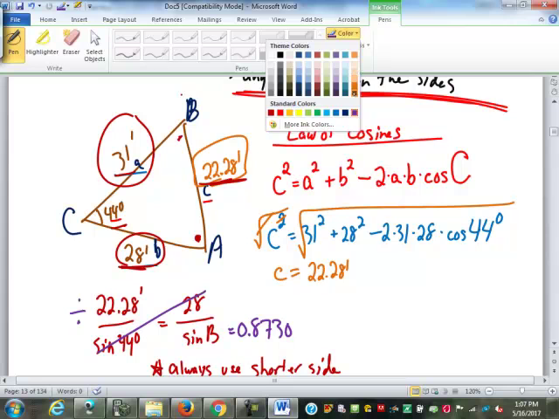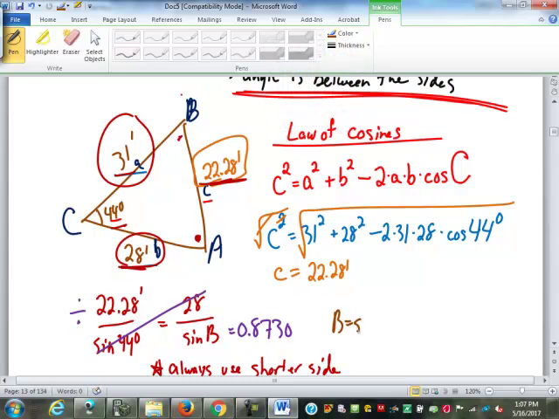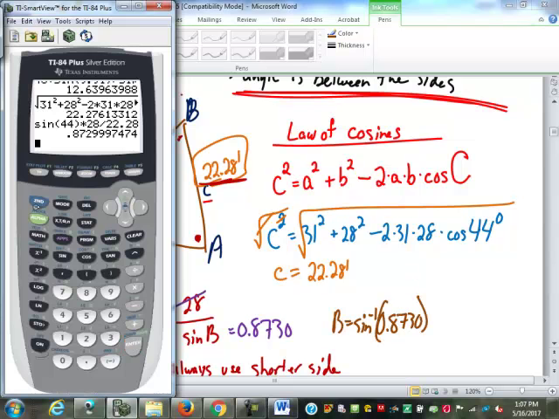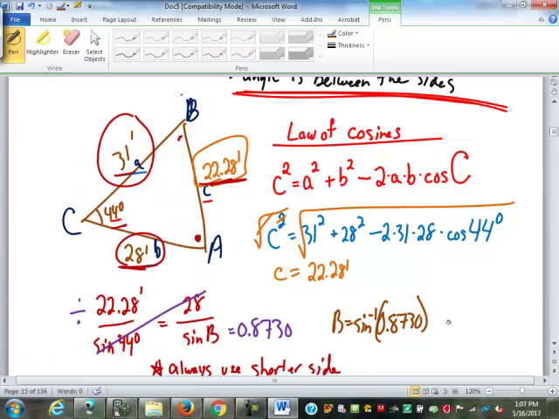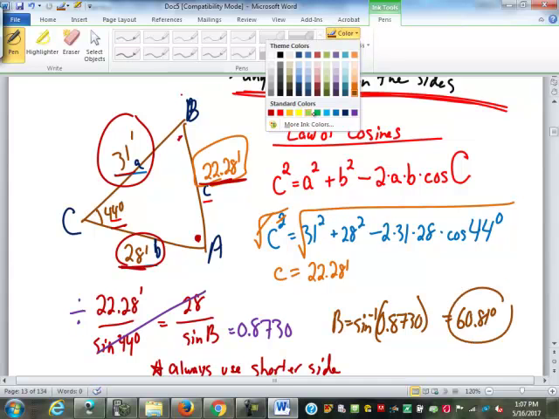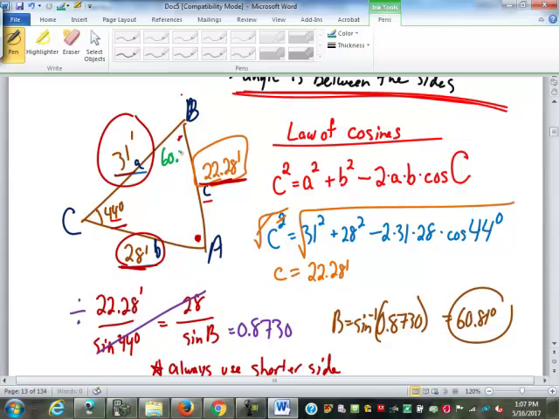So that tells us that B is the inverse sine of 0.8730. So second sine, second answer: 60.81 degrees. So that tells us that this one down here has to be 75.19 degrees. So subtract those from 180. And now we're done.